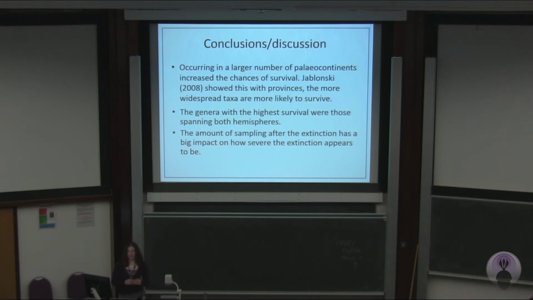And again, if you're looking at it in terms of the hemispheres, those that occur in both hemispheres are more likely to survive because they're more likely to be widely spread. And the amount of sampling that you do after the extinction has a really big impact on how big the extinction appears to be. And I think this is a really important thing to take into account when you're looking at the overall extinction rate.